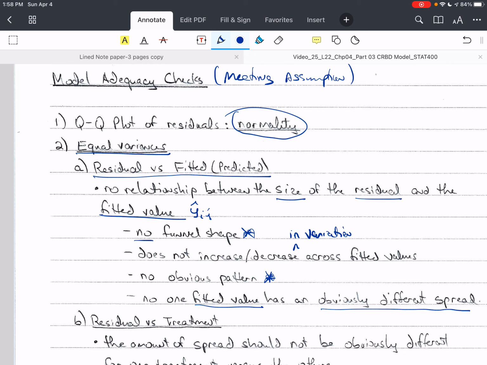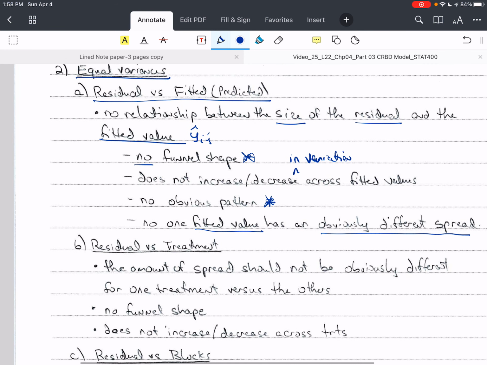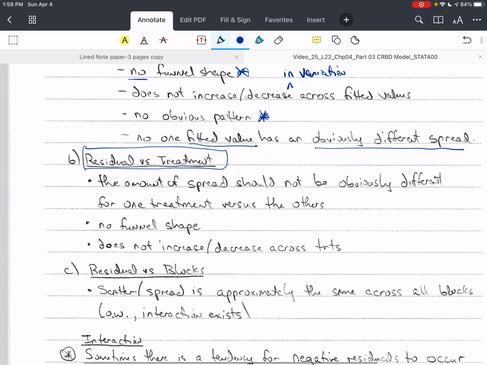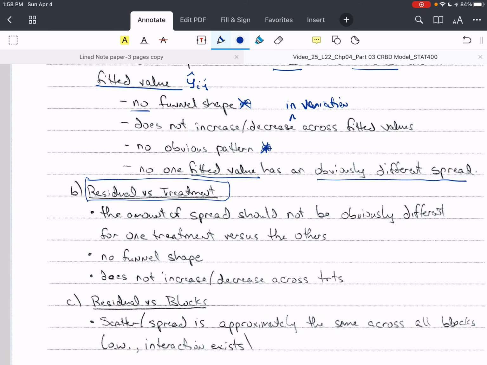Okay? Now, the second plot we'll look at is the residual versus treatment, right? And again, we're looking for basically the same things as we did under the residual versus fitted. And now we add a new plot, the residual versus blocks.